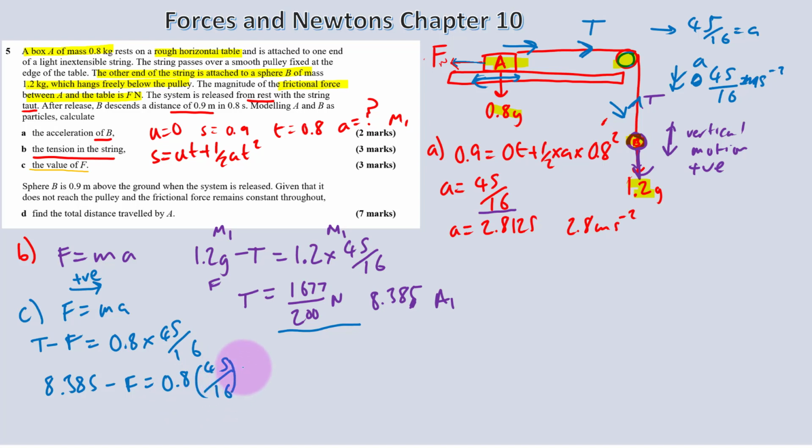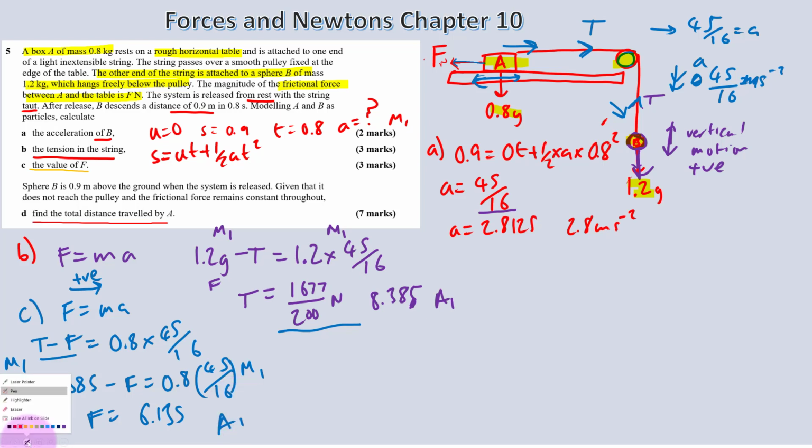Writing that actually gives you a method mark. Understanding this T minus F bit is a method mark. And just resolve and find F, and you'll get F equals 6.135, or anything close to that is acceptable, and that's your answer mark.